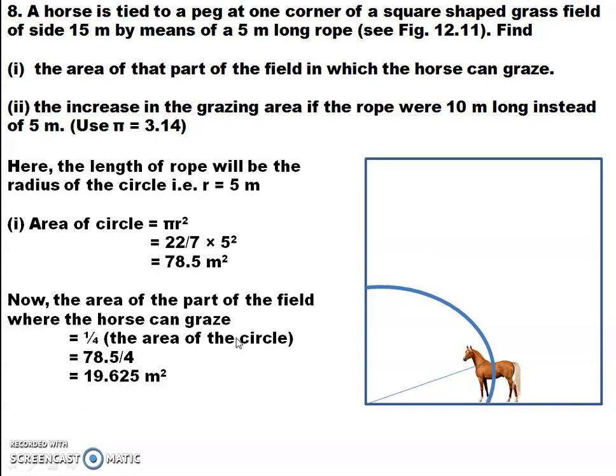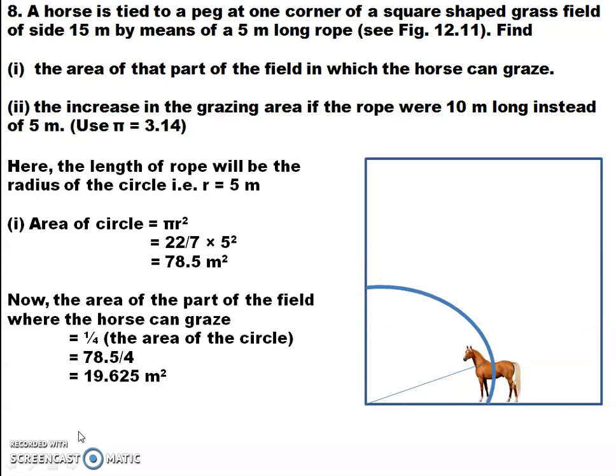Area of the circle we got as 78.5 divided by 4 is 19.625. So the area of the field in which the horse can graze is 19.625. How did I find it? I found the area of the whole circle and divided it by 4 because it is the quadrant of this circle.